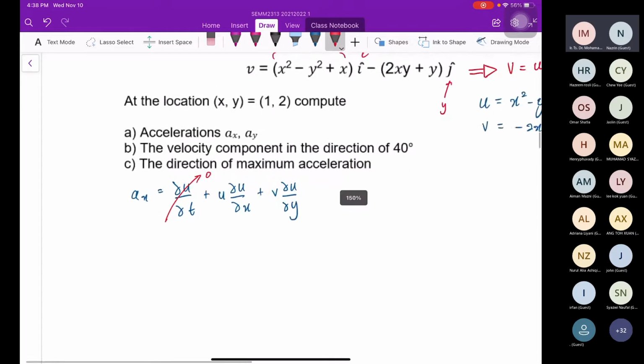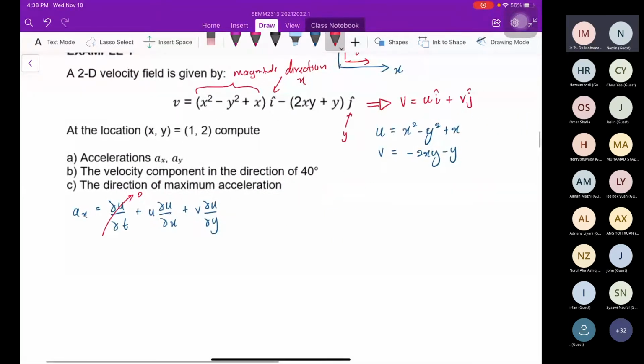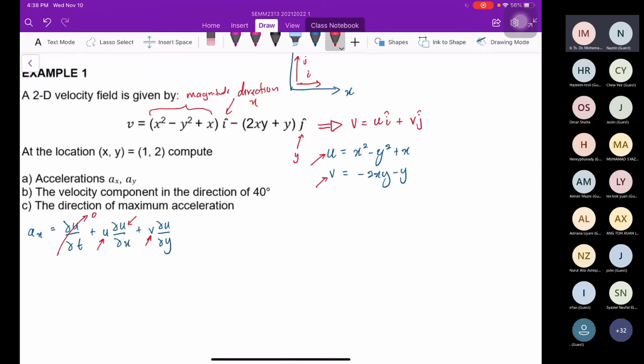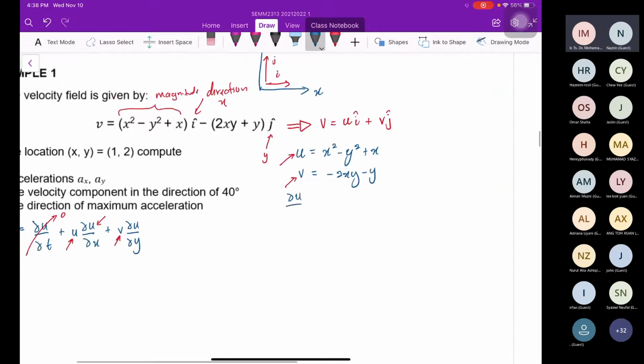After that, you can see u I have, v I have from here. So how to get the partial derivative of u over partial derivative of x?